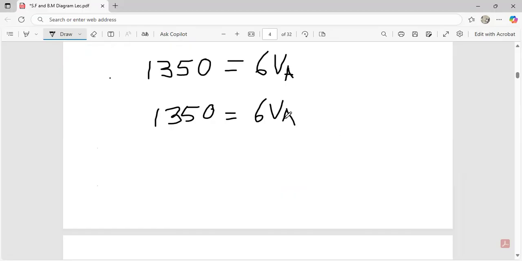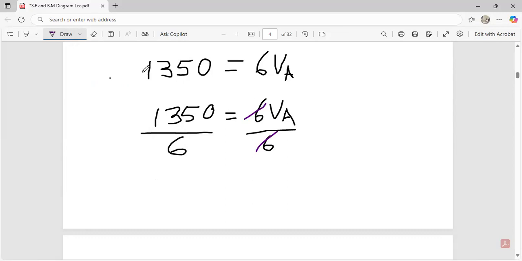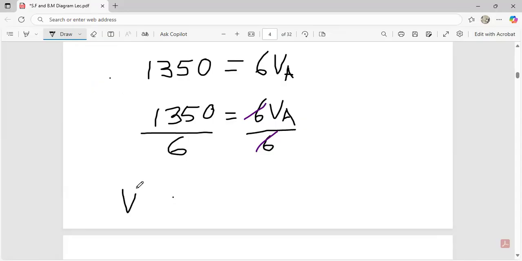Okay. So because we want VA to stand alone, how do we do it? We divide here by 6, and we divide here by 6. Good. You realize that 6 is going to cancel 6. At the end of the day, we are left with VA is equal to 1350 all over 6.